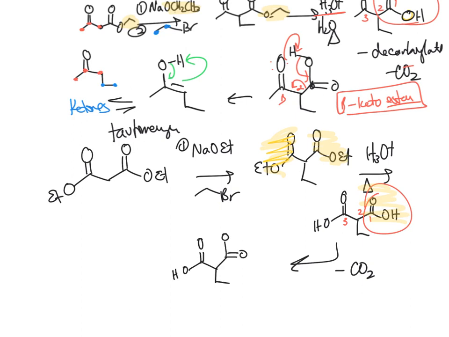So I invert that like this, and then you have these electrons take this, they go here, and you have an enol, 1, 2, 3, 2, 3, and then that tautomerizes.